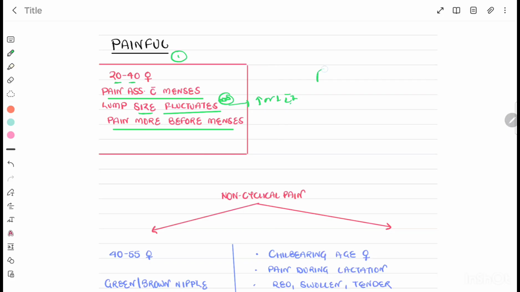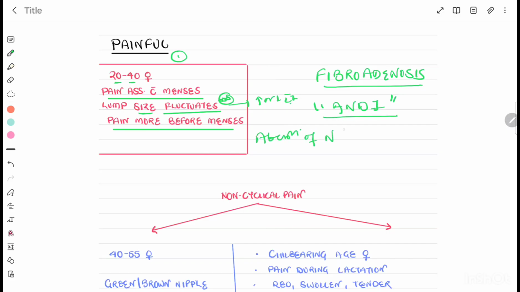So this can be a case of fibroadenosis or ANDI, aberration of normal development and involution, and it includes cyst, fibroadenosis, breast adenomas, etc.